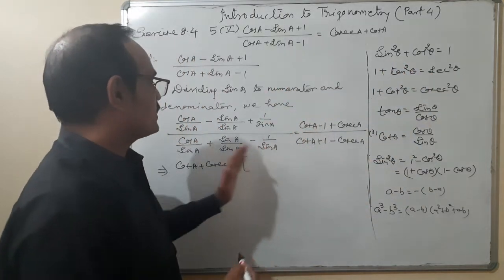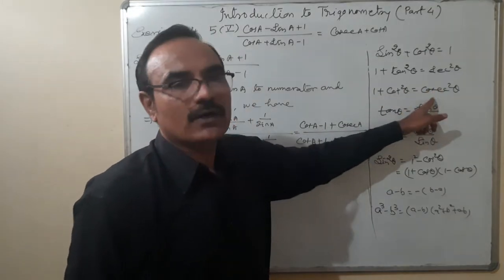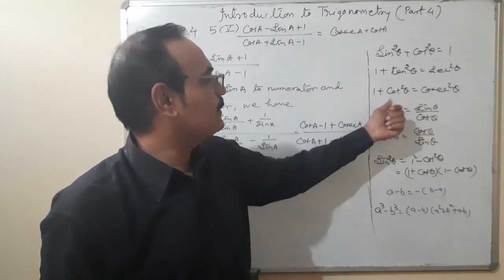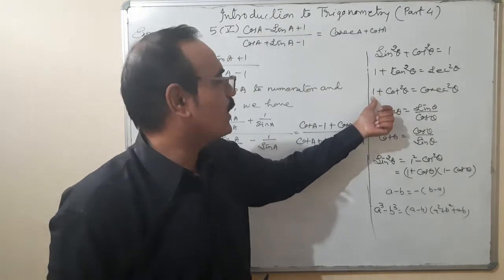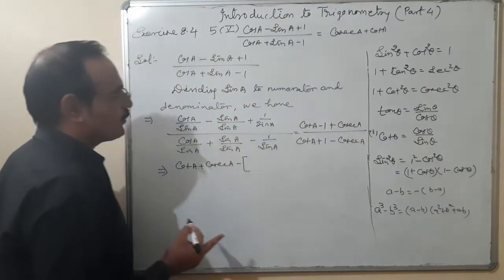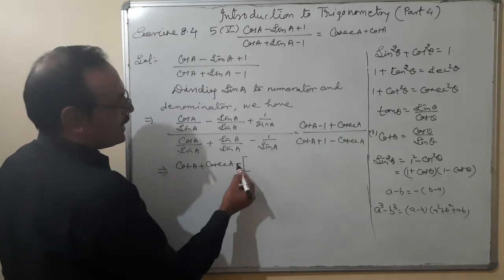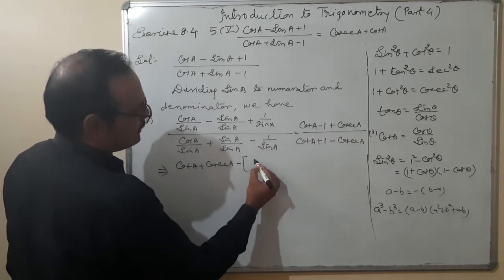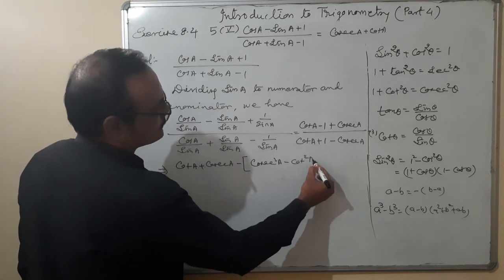Because all these terms are in the form of cosec and cot, we have to select cosec and cot. That means 1 can be written as 1 equals cosec square A minus cot square A. So cot A as it is, cosec A as it is, minus, in place of 1, I am writing cosec square A minus cot square A.